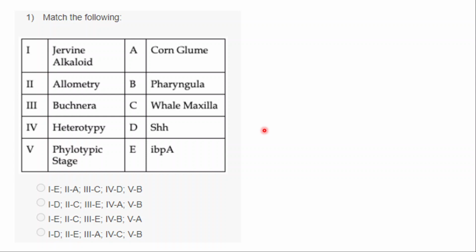And the options are 1E, 2A, 3C, 4D, 5B. Second option 1D, 2C, 3E, 4A, 5B. Third option 1E, 2C, 3E, 4B, 5A. And the last option 1D, 2E, 3A, 4C and 5B.